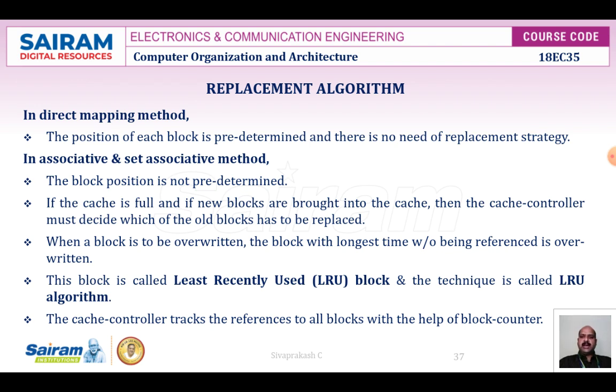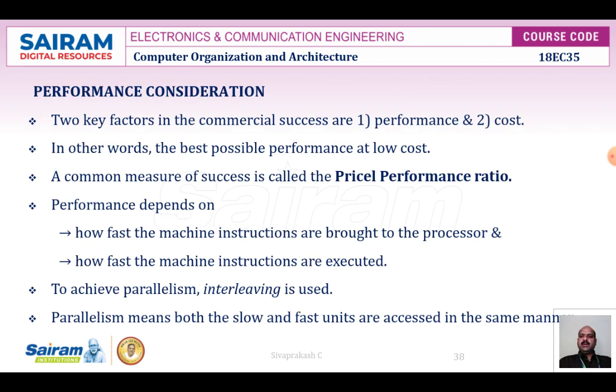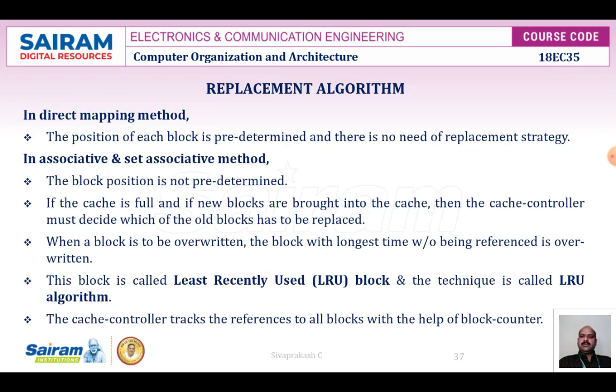For example, considering 4 blocks per set in a set associative cache, a 2-bit counter can be used for each block. When a hit occurs, the block counter is set to 0. The counters whose values are originally lower than the referenced one are incremented by 1 and the others remain unchanged.